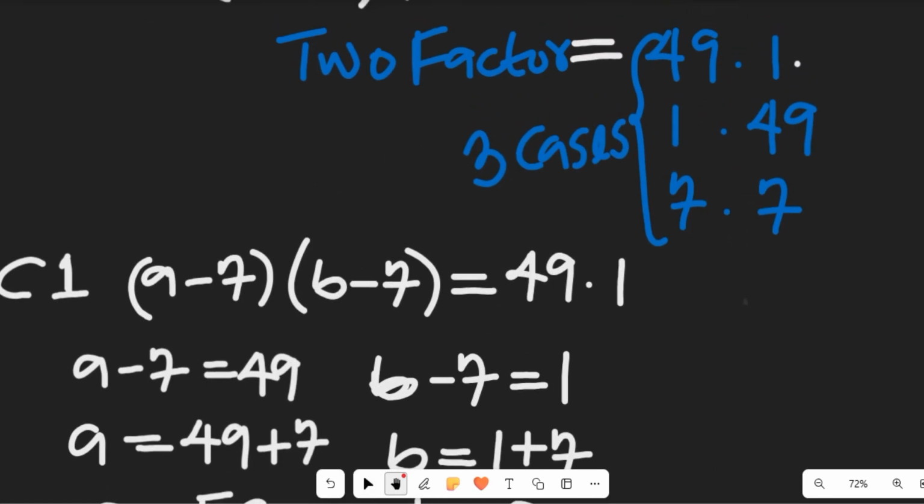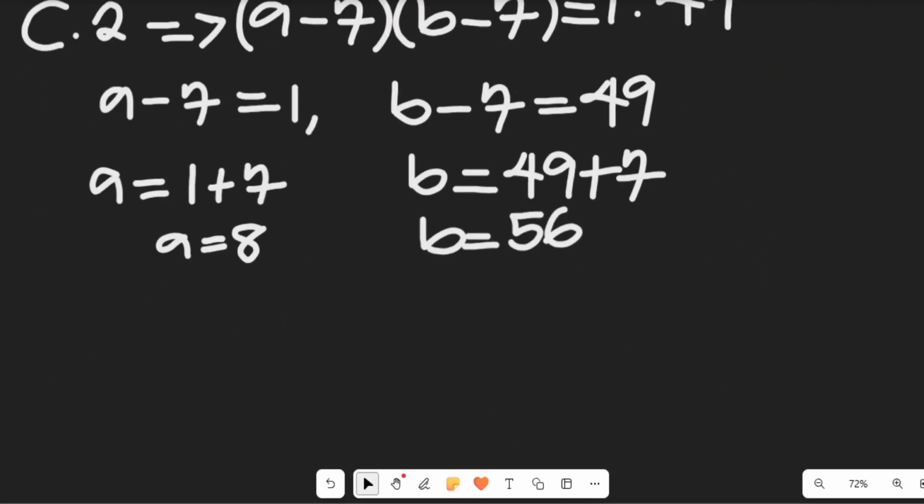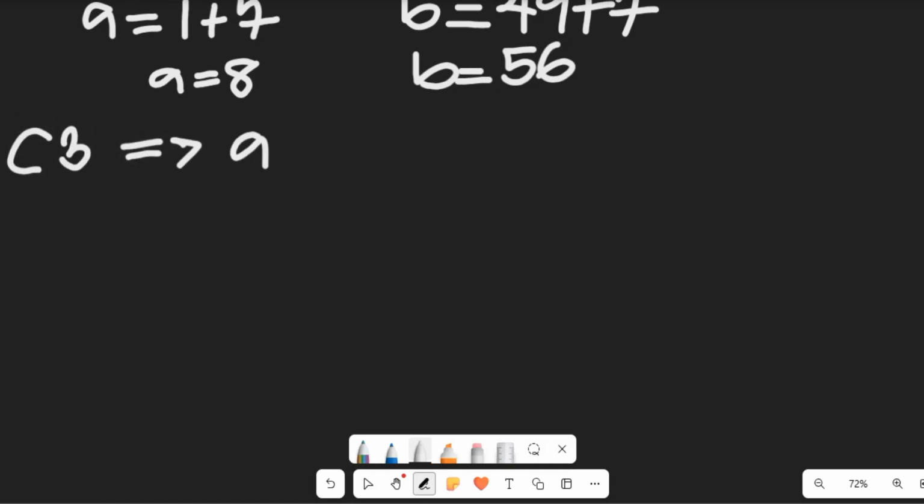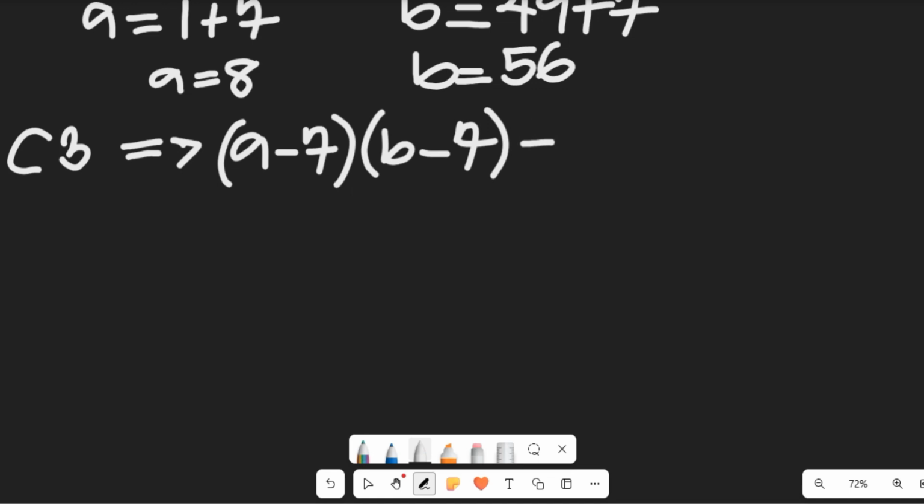In my third case, I'm going to have 7 multiplied by 7. So I'll have case 3, C3, to be equal to a minus 7 multiplied by b minus 7, and both to be equal to 7 multiplied by 7. So what do I have?